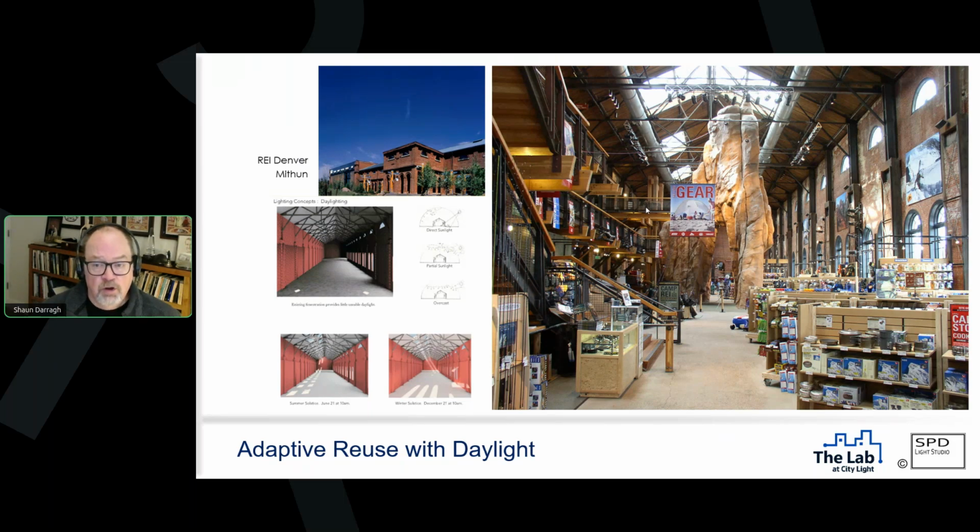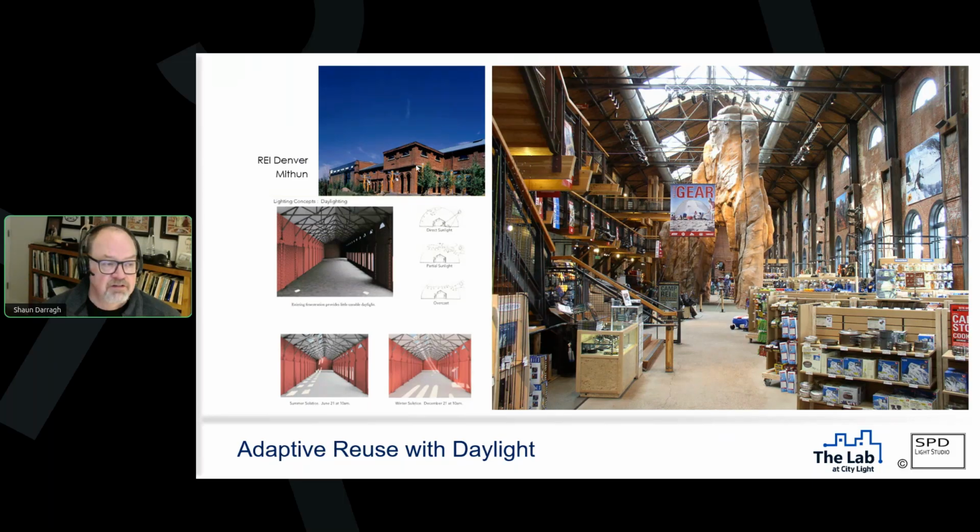One of the things that we wanted to do from the get-go was improve the daylight performance. As you can see, there are already clerestory windows. There are already walls here and here. But that wasn't providing as much daylight as we wanted within that space.